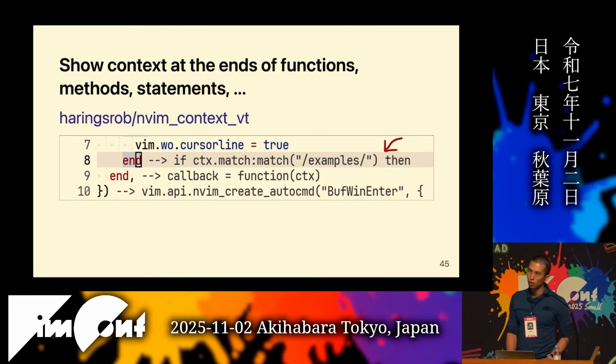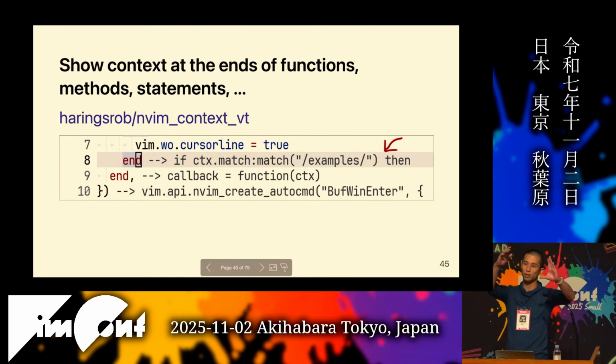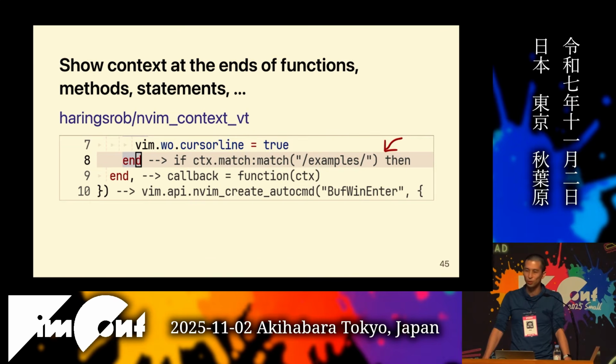Okay, the third plugin is neovim-context-vt. It shows context at the end of functions, methods, and statements. Again, let's say we have a very small window, and we only see 4 lines, and there are 2 end keywords. In such a case, it's almost impossible to understand what each end keyword means.